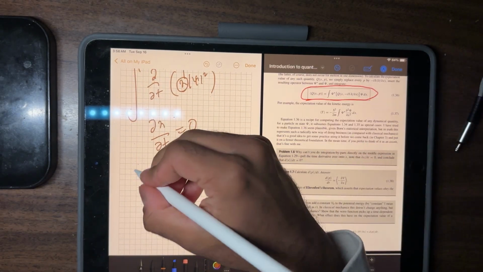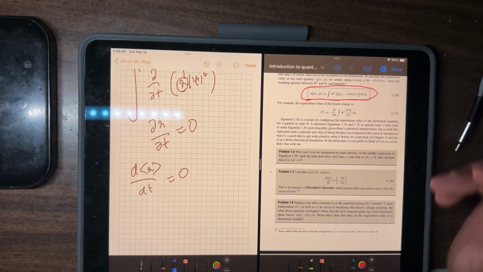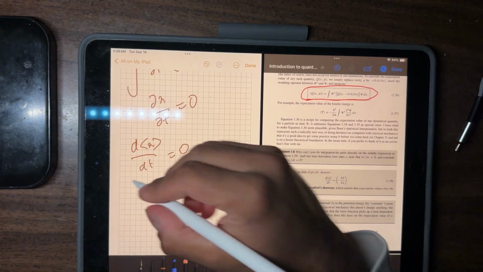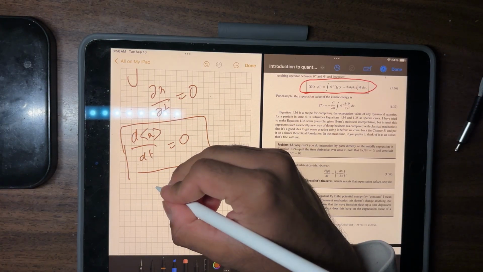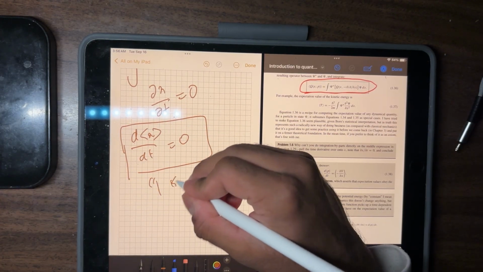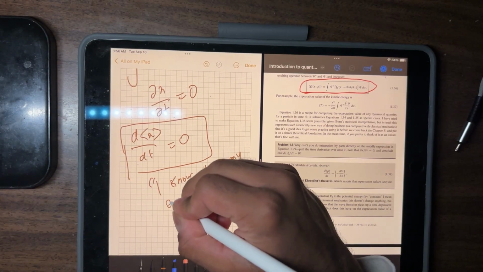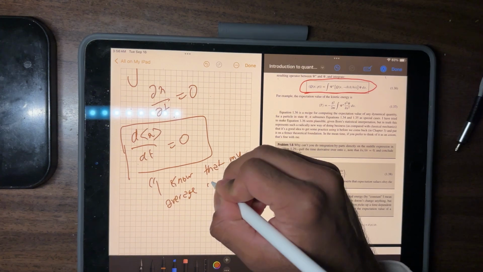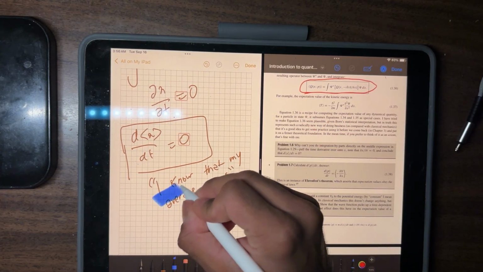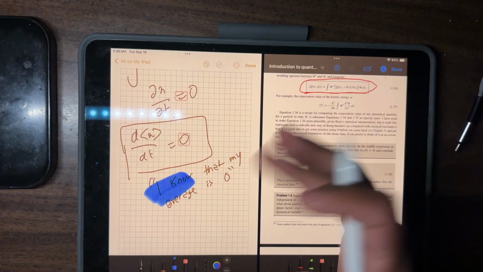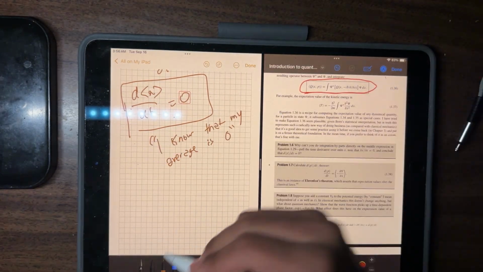So what they would presume is that d expectation value of x by dt is simply 0. And because it gives 0, what are we exactly saying? We're saying, oh, I know that my average is 0. However, this kills everything, because in quantum mechanics I can never say I know. It's probabilistic.